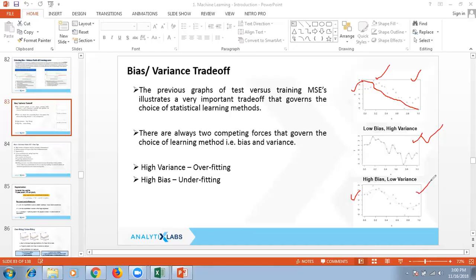Probably this can be a better fit compared to a linear line, or compared to this kind of nonlinear equation. Of course, this is also a nonlinear equation, but in this case, the fluctuations of the line are very minimal, so you can predict a little better. But here you can't predict the next movement of the line.